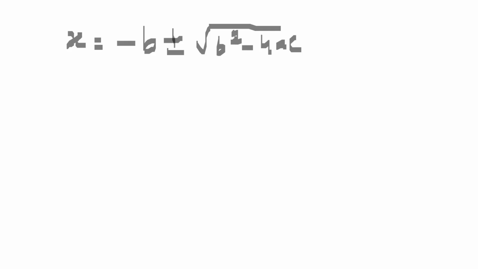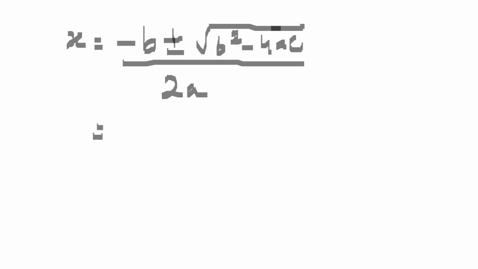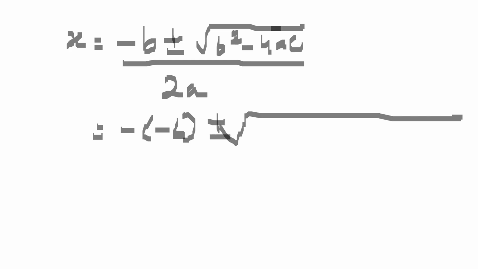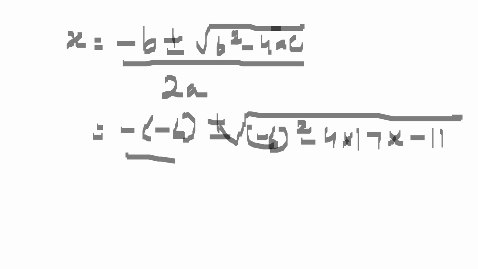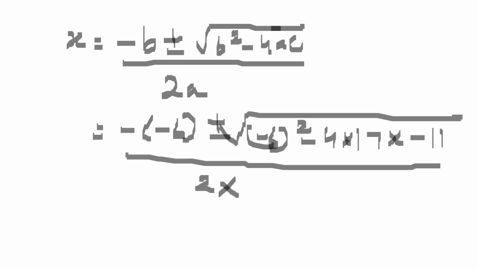So let's solve the quadratic equation using the quadratic formula. x is equal to minus b plus or minus root of b squared minus 4ac, whole divided by 2a. In this equation the value of b is minus 6, so minus of minus 6, plus or minus root of (minus 6) squared minus 4 into 17 into minus 11, divided by 2 into 17.